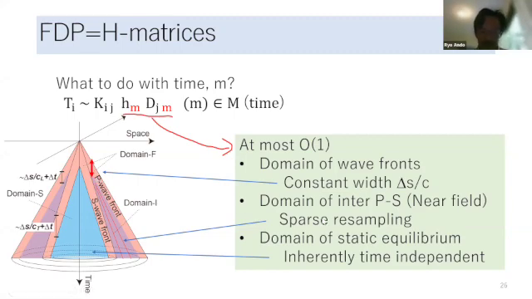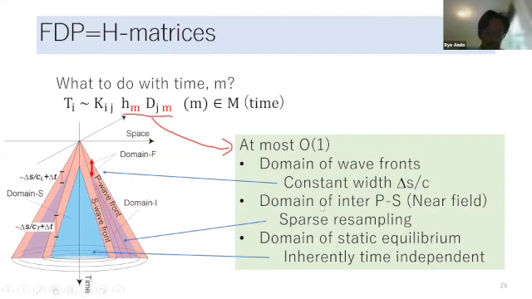And for the near field term, or domain of inter-PS, we approximate the temporal integration by sparsely resampling the temporal points like this. This needs some approximation, but as you know, the near field term very quickly decays along the length.